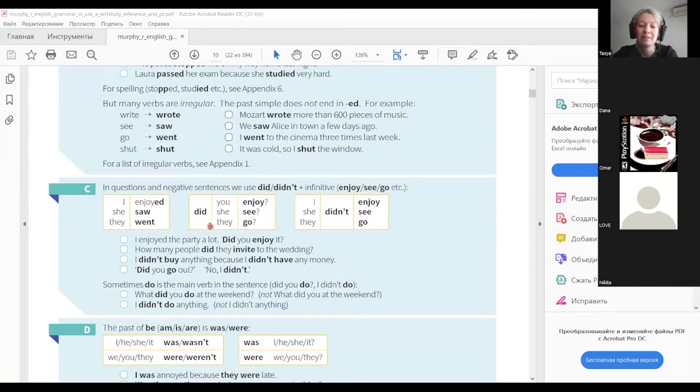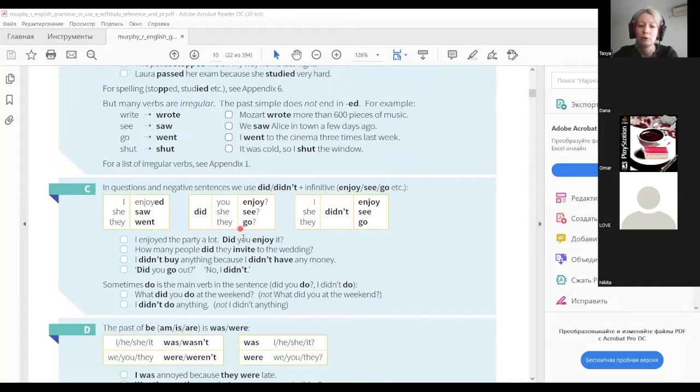Actually, in the past, they used questions with intonation like you enjoy or she saw or stuff like that without did. But then times changed and then we started to use did you enjoy? Did she see? Did they go?